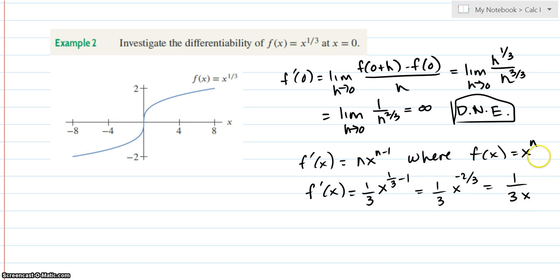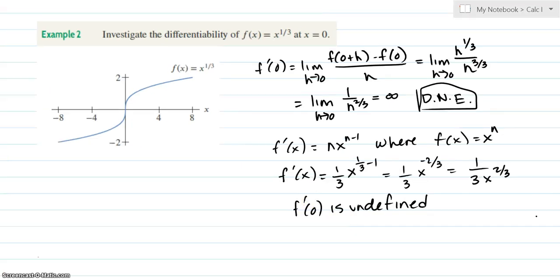The actual formula for the derivative, because this is just giving you the derivative at 0, is 1 over 3x to the 2/3, and you can see f prime of 0 is undefined. So f is not differentiable at x equals 0.